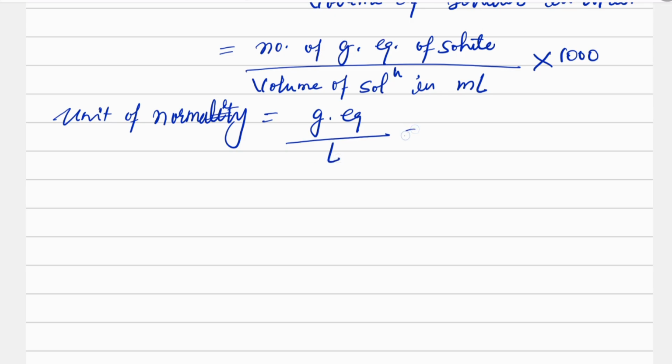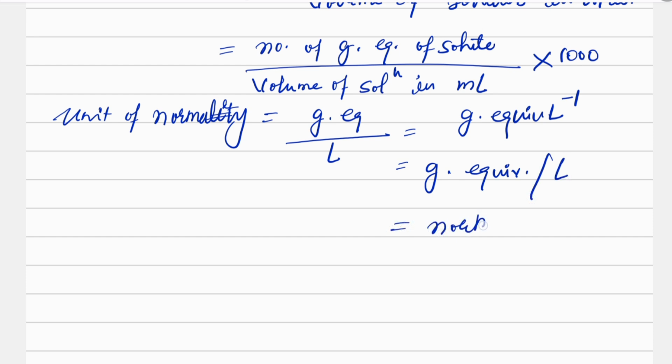So it is equivalent per liter, or gram equivalent per liter. And once more, it is also written as normal solution and its symbol is capital N.